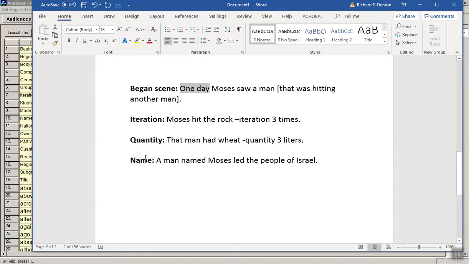And then name. So we can say a man named Moses led the people of Israel. And that tells us that the name of the man is Moses. Okay, well that's enough about relations today, and we'll talk about some of the other source concepts tomorrow.